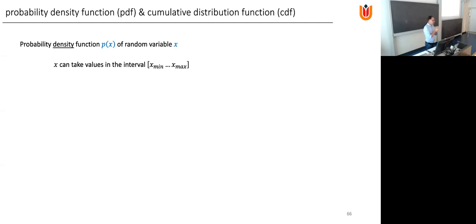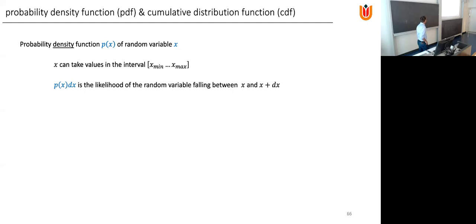If the value x can take values in a certain interval, a minimum x, a maximum x, then P(x) multiplied by the small size of the interval, P(x) dx, is the likelihood that the random variable falls in that small range between x and x plus dx.